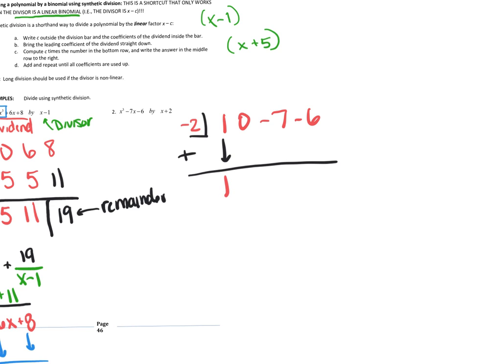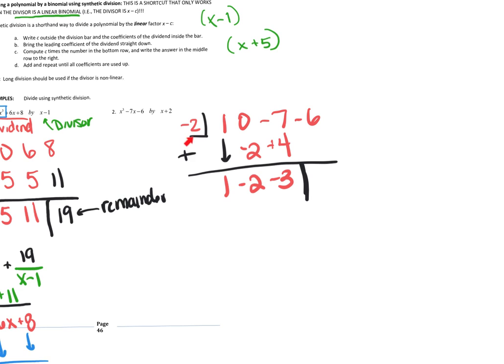That's a 1. We'll do -2 times 1 is a -2. 0 plus a -2 is -2. -2 times -2 is +4. -7 plus 4 is a -3. Whatever's in the back here is the remainder.